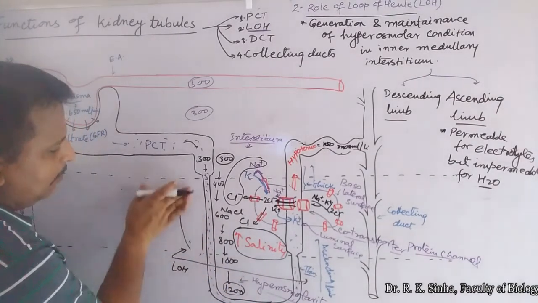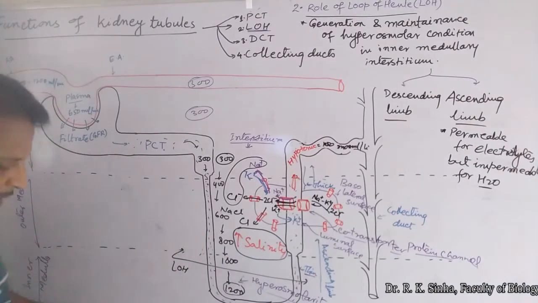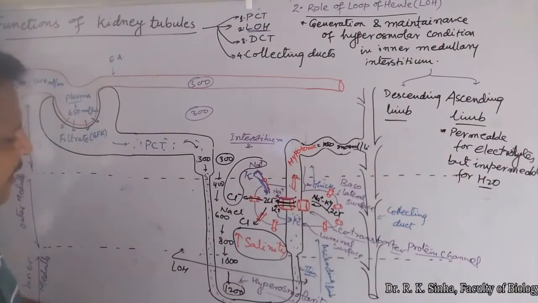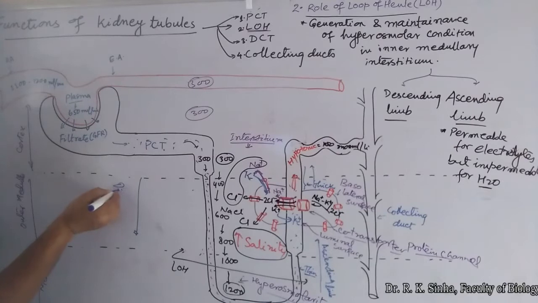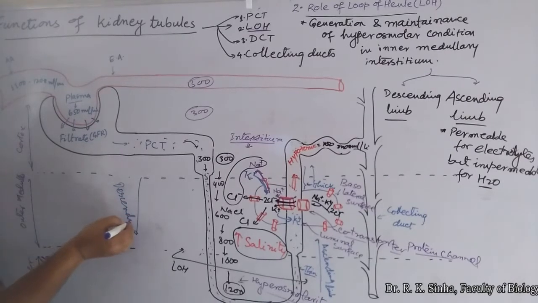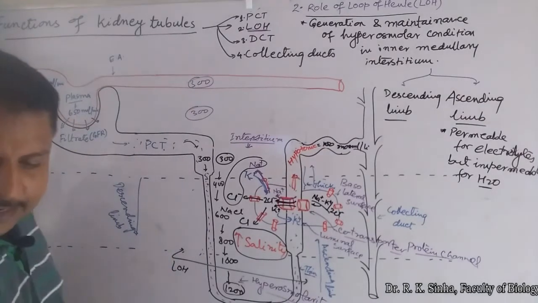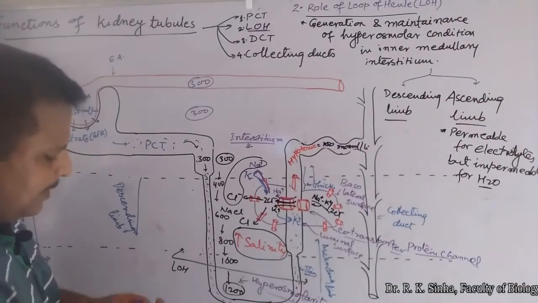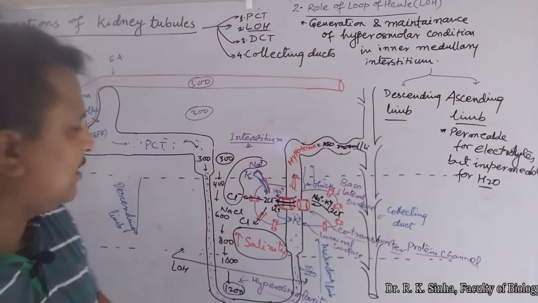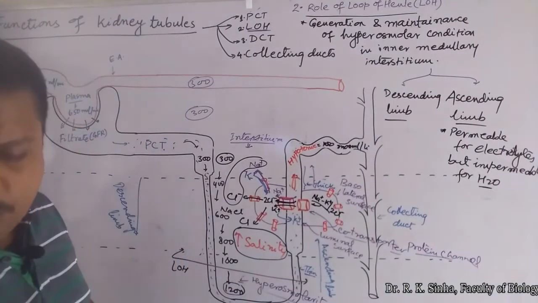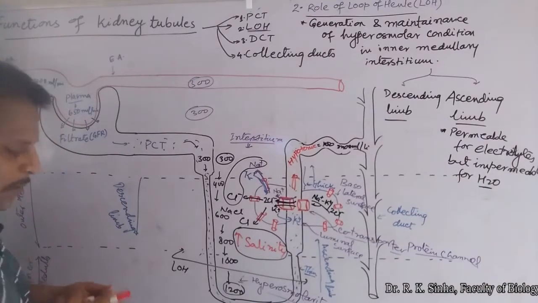So the concentration gradient is created. Now how will this be maintained in isotonic condition with this limb of the loop of Henle?